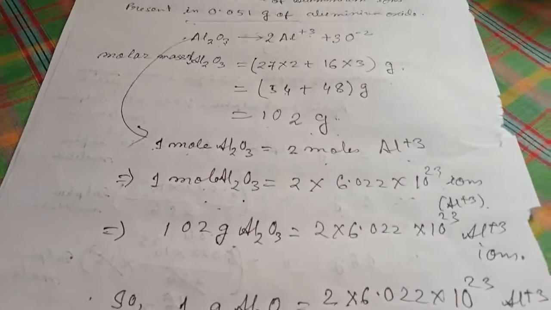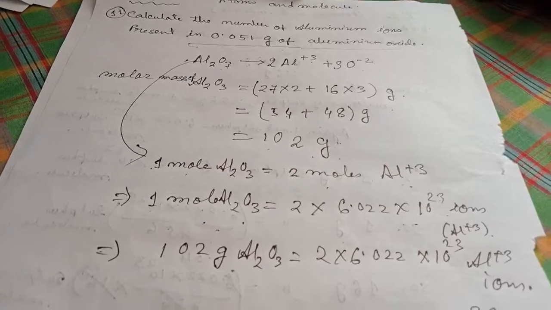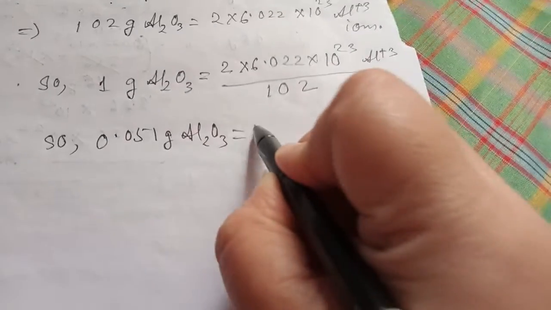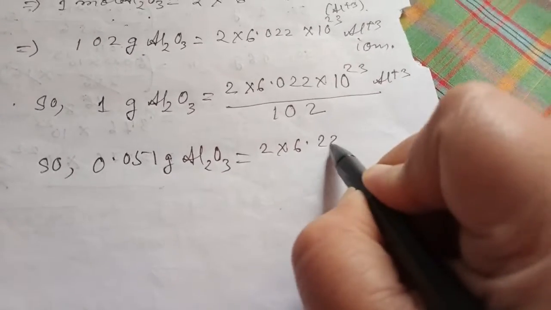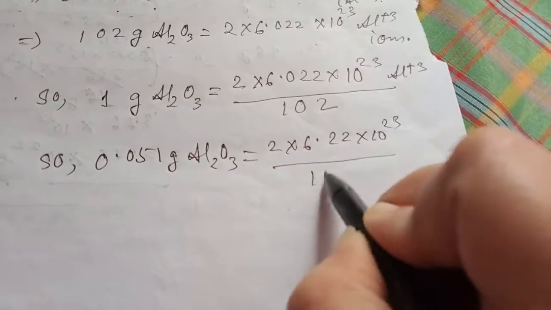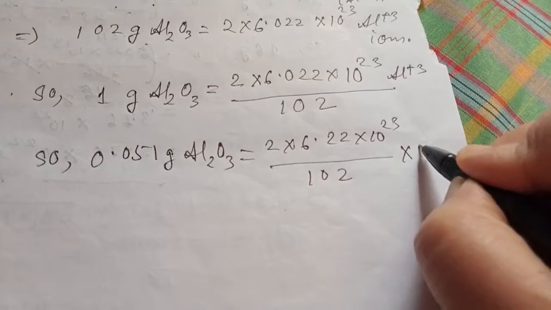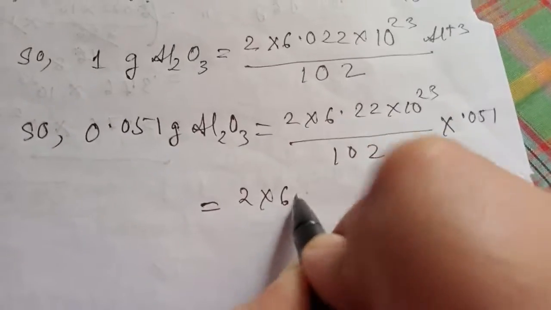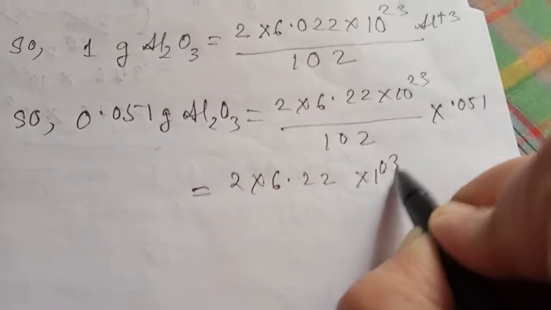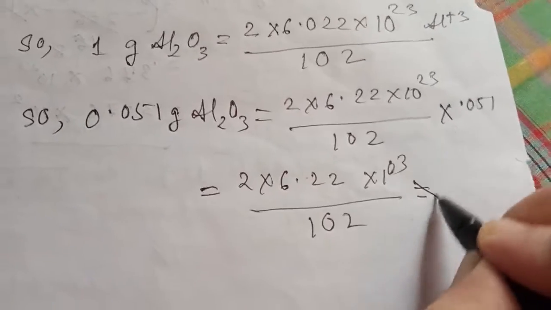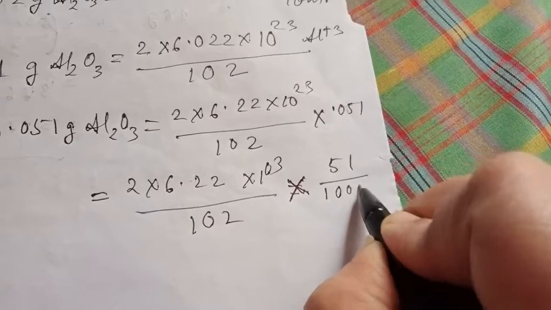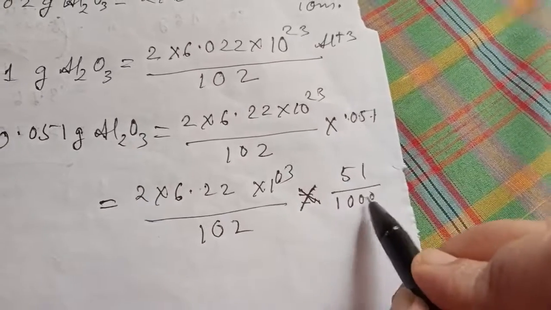So 0.051 gram of aluminium oxide equals 2 into 6.022 into 10 to the power 23 divided by 102, multiplied by 0.051. Now you have to do the calculation. 0.051 means 51 by 1000, so you give 3 zeros here.